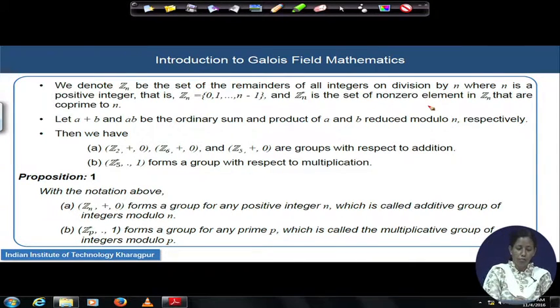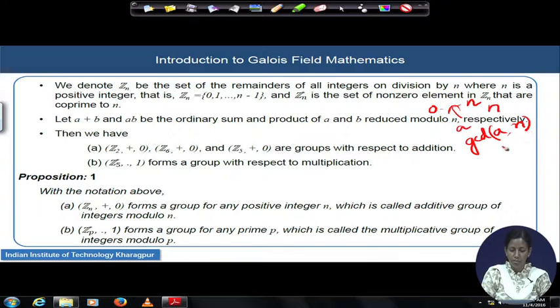The definition of coprime is such that, suppose n is a prime number, then any number between 0 and n that you pick up, let that number be a, you will see that the greatest common divisor between this number a and n is equal to only 1.